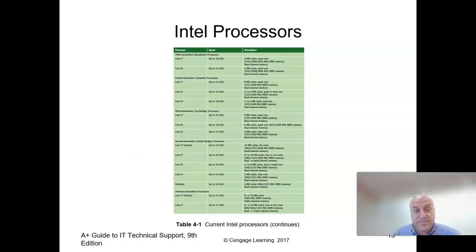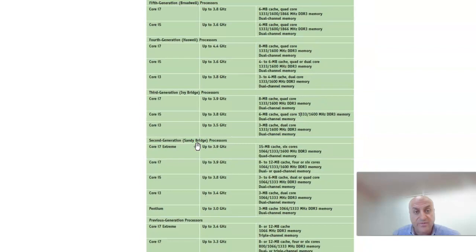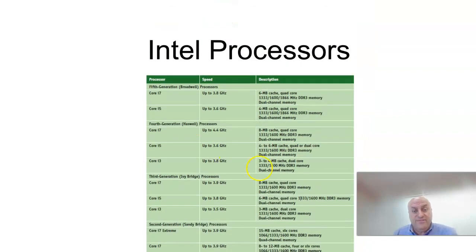This is the speed, for example, Core 7 at 3.8, and make it bigger, there you go. Core 5, 3.6 gigahertz. Fourth generation. This is the fifth generation. Core 7, 4.4, which has 8 mega cache memory.